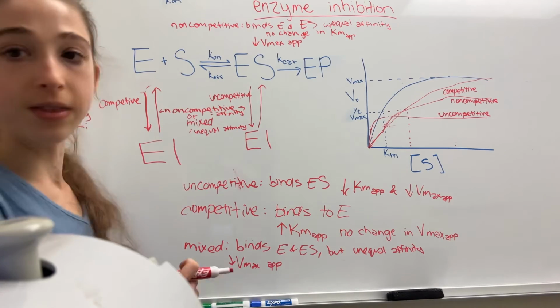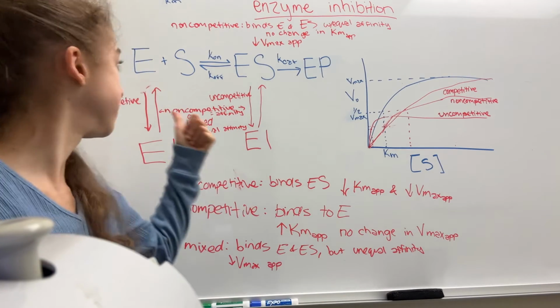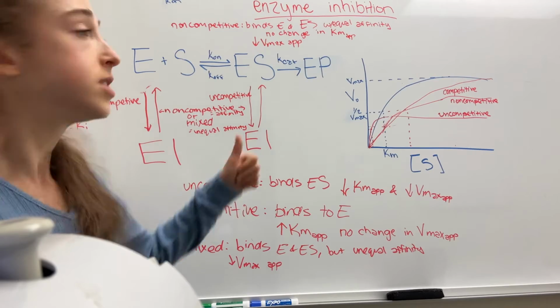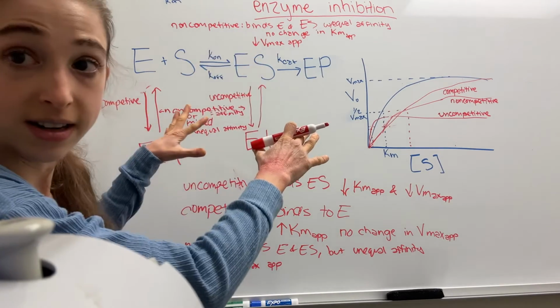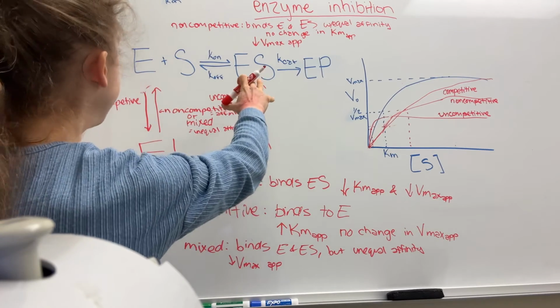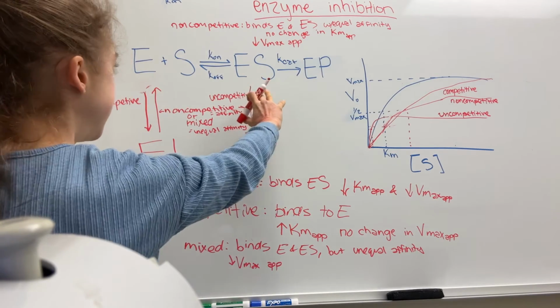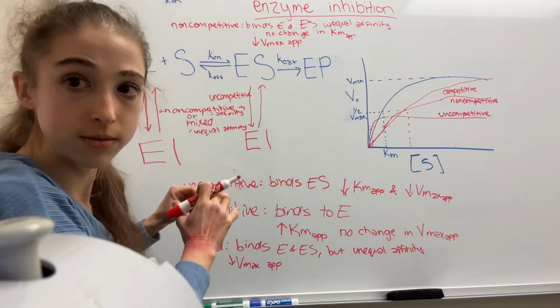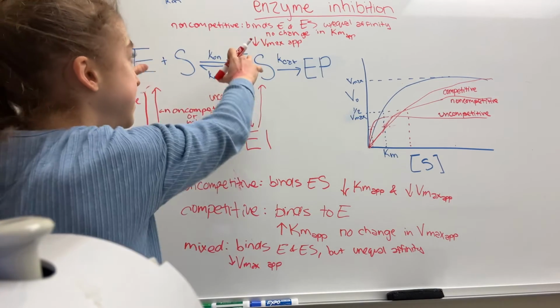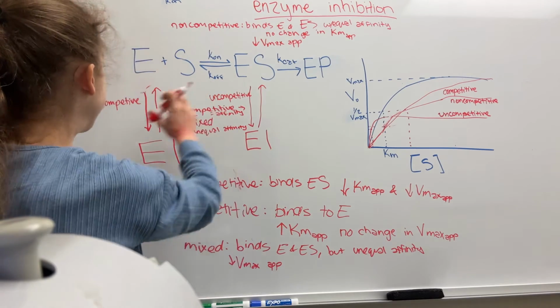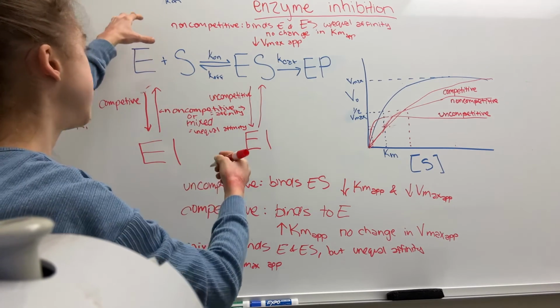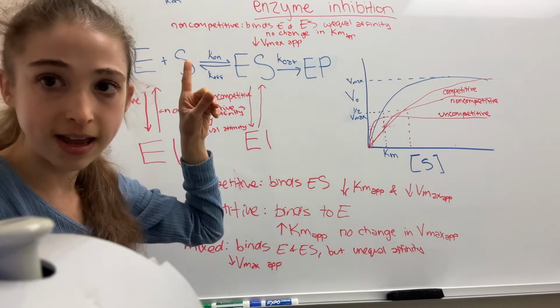But now we have to think about our Km apparent. In the case of mixed inhibition, and in the case of non-competitive, it's kind of a mix between our competitive and our uncompetitive, in that it's binding to both of these forms. If it binds equally to both of these forms, the effects are going to cancel out. So remember that we said with competitive inhibition, it was basically going to increase our Km.